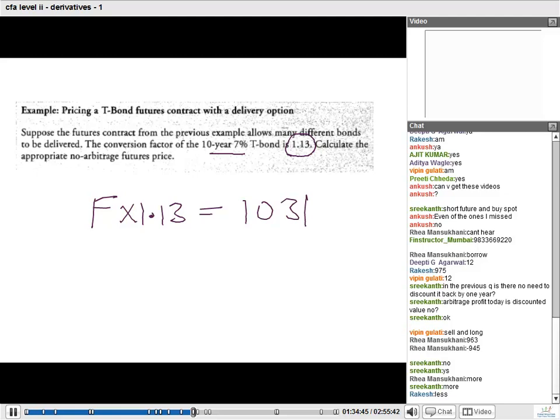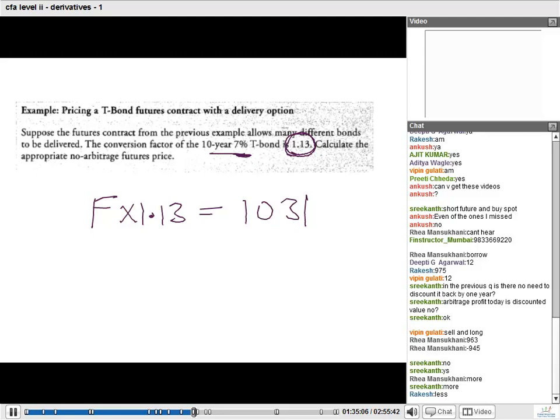Why? Because the bond that was agreed upon was a slightly different bond. He is delivering the 10-year 7% bond, and hence the short will receive a price of F multiplied by the conversion factor, and the long will have to pay so much.